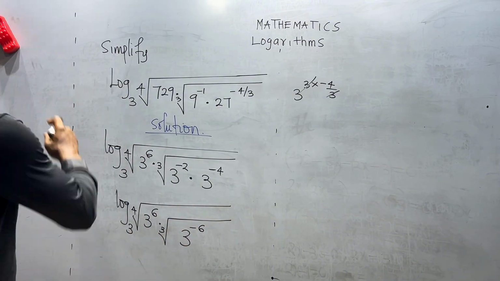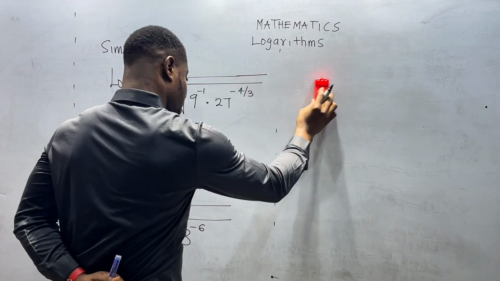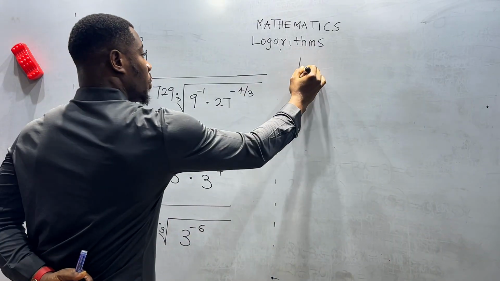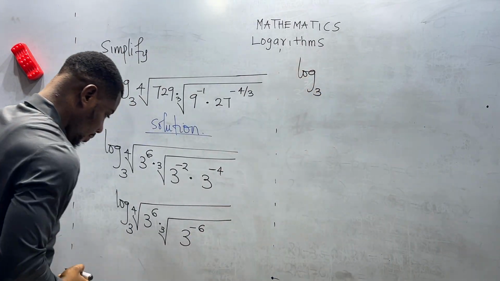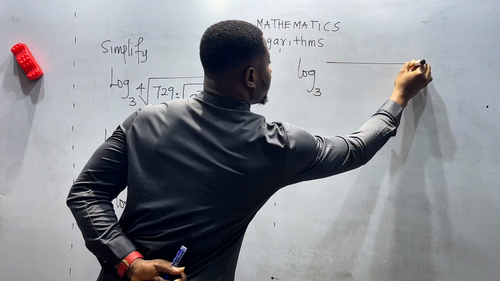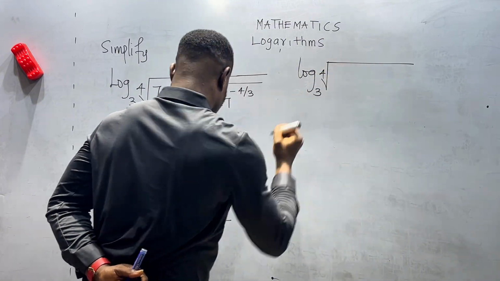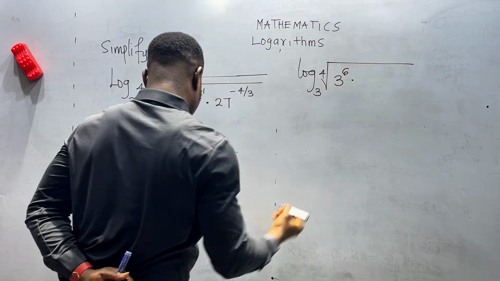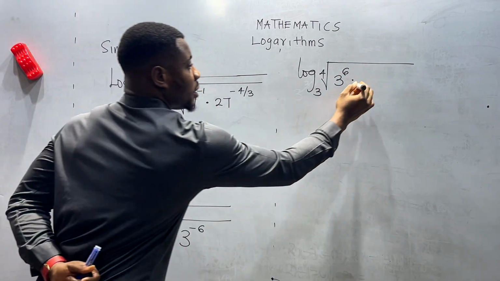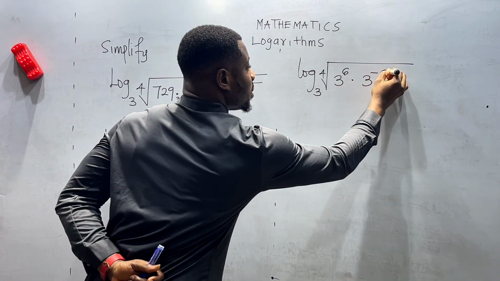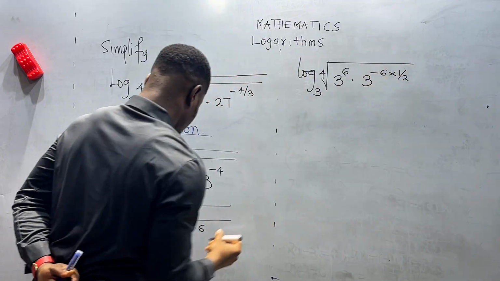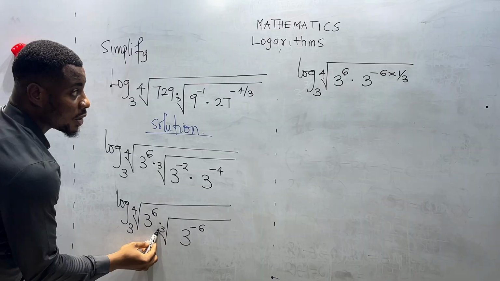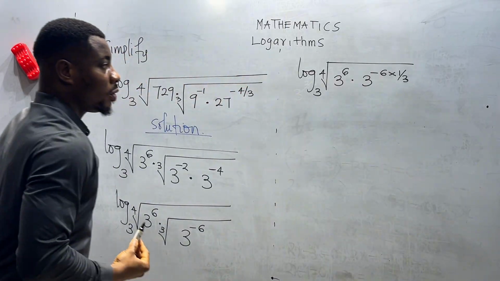So at this point, we're left with log to base 3, we still have the fourth root, then 3 to the power of 6 multiplied by 3 to the power of negative 6 times half, times 1 over 3. Why? Because this is a third root, so we can say this is times 1 over 3.